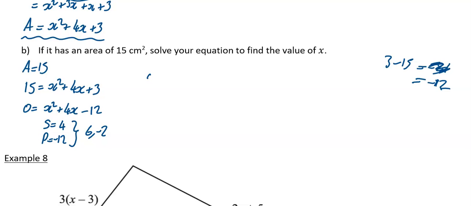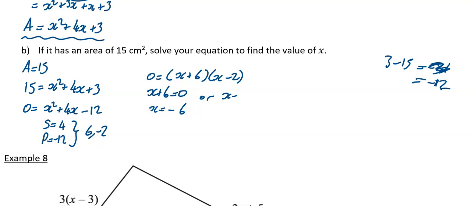So you rewrite your equation as 0, and our two numbers go in the bracket, x plus 6 and x minus 2, and then we can solve these two things. So put the first bracket equal to 0, x plus 6 equals 0, which means x is equal to, bring the 6 across, it becomes minus 6, or put the second bracket equal to 0, so x minus 2 equals 0, which means x is equal to just 2.